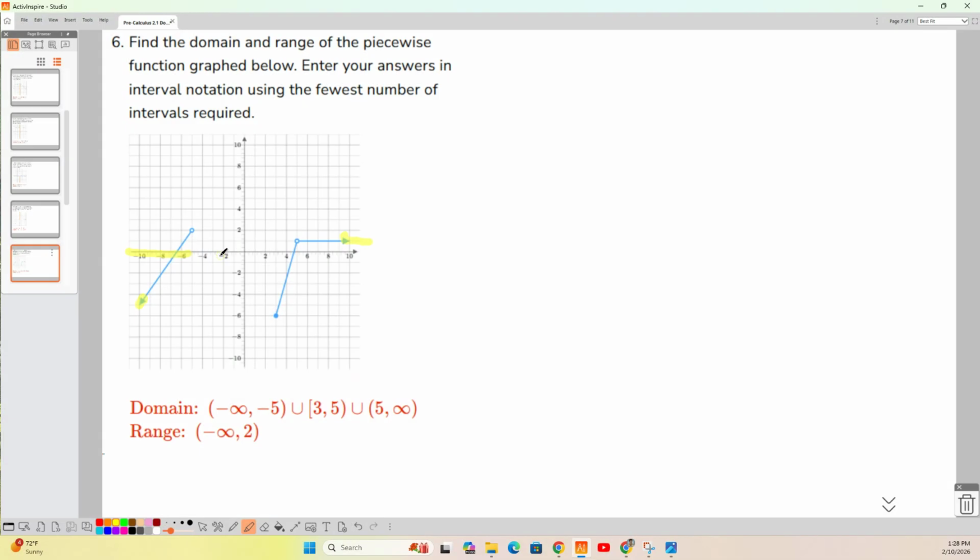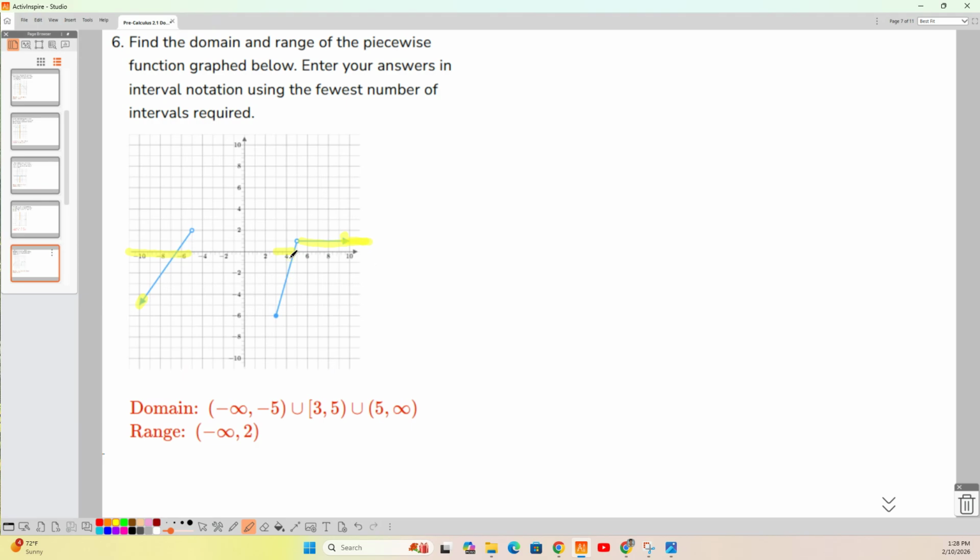Then there's this big gap. The next x value we see is at 3. So we go from 3 up to 5, not including 5, because there's an open circle at 5. We pick up immediately after 5, and we continue to infinity.